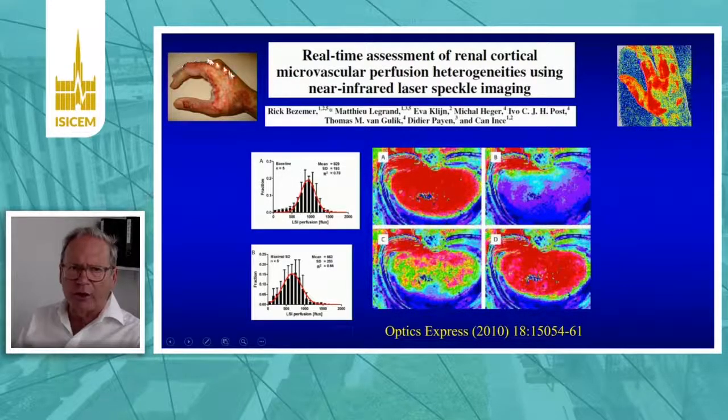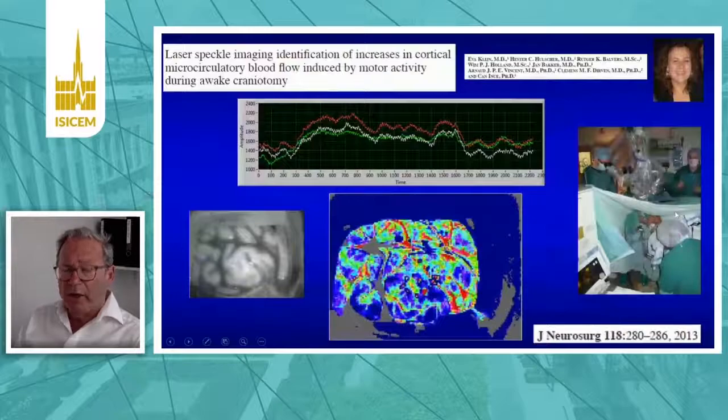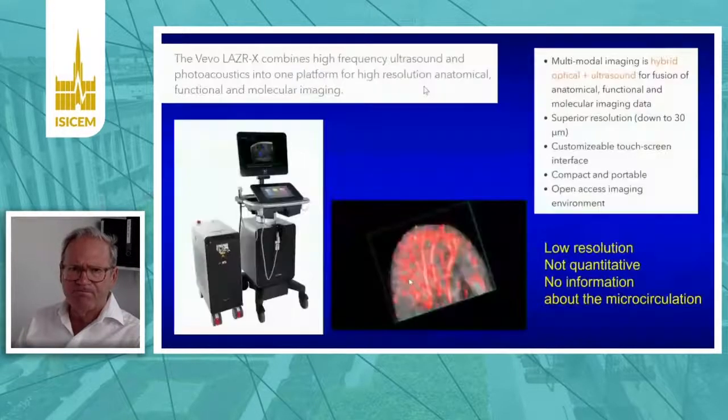It's also used a lot in burns, for example, looking at the heterogeneity in perfusion. We used this particular laser speckle imaging during operations to look at the perfusion of the brain, when motor activity was induced by finger tapping, and we could clearly see changes in laser speckle imaging on the surface of the brain during these awake neurosurgical procedures.